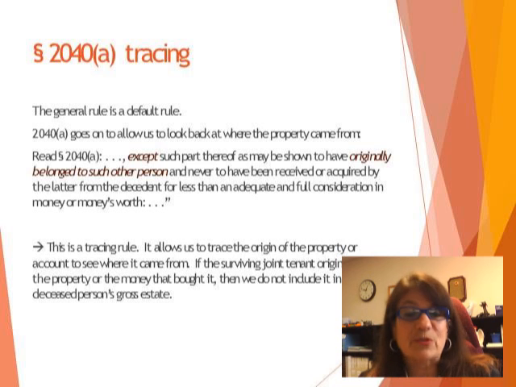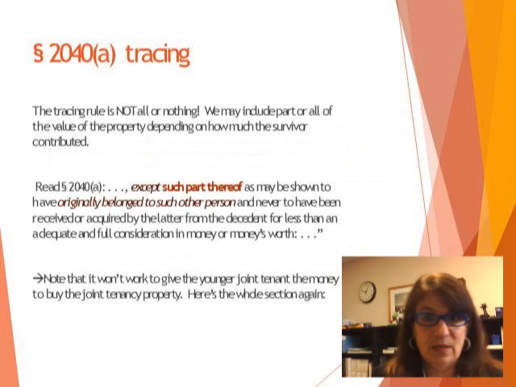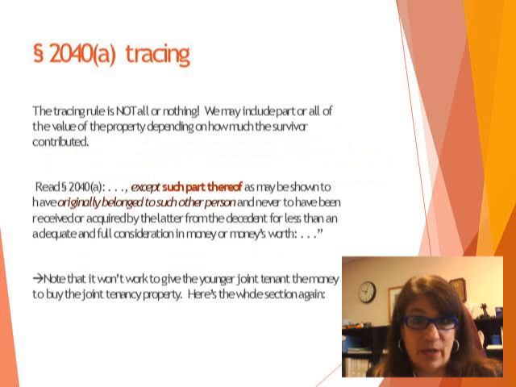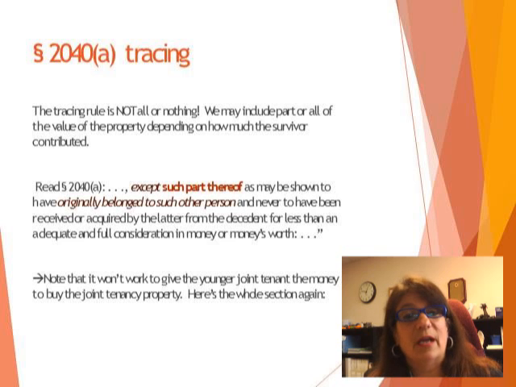Whatever came from the surviving joint tenant is not included in the gross estate. That's why it's a tracing rule. So it's not all or nothing. We can include part or all of the value in the gross estate depending on how much the survivor contributed.